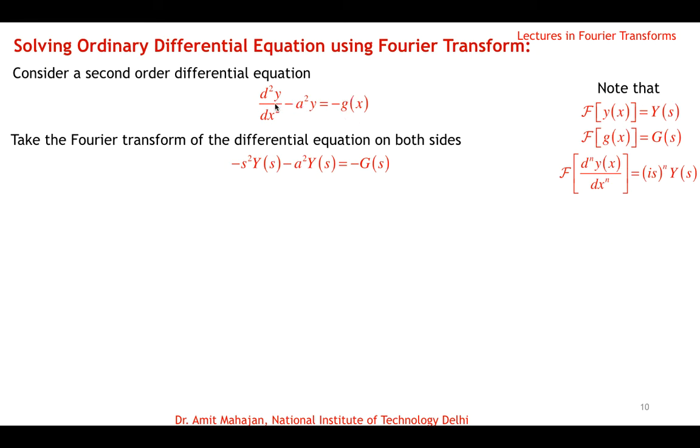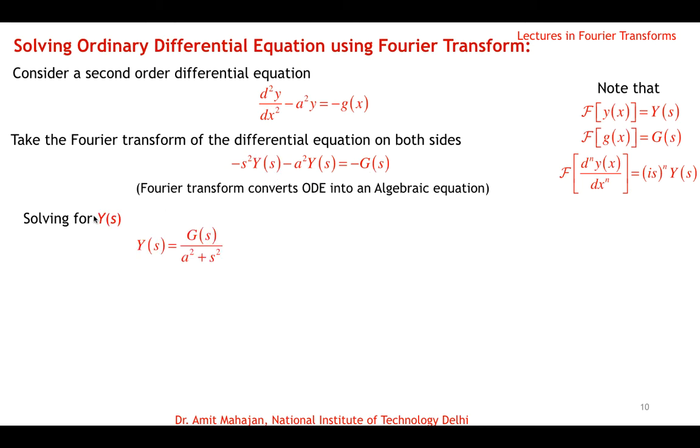On the left hand side it is the Fourier transform of a sum, so by linearity we can separate, and then we can use the derivative rule. The Fourier transform of g(x) is G(s). So this is an algebraic equation in Y(s). Immediately you can recognize that the Fourier transform converts an ODE into an algebraic equation. So we can solve this equation to calculate the Y(s) function.